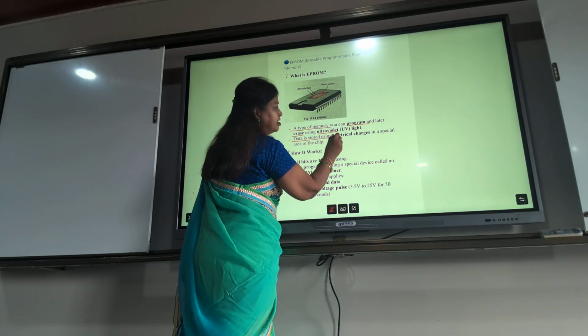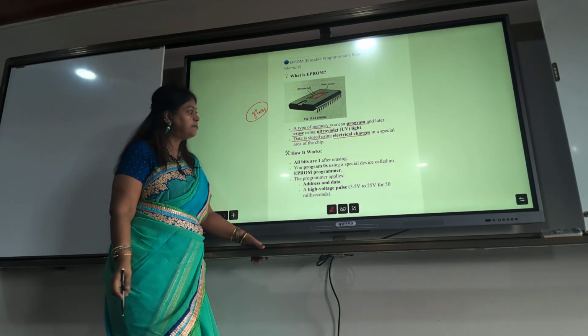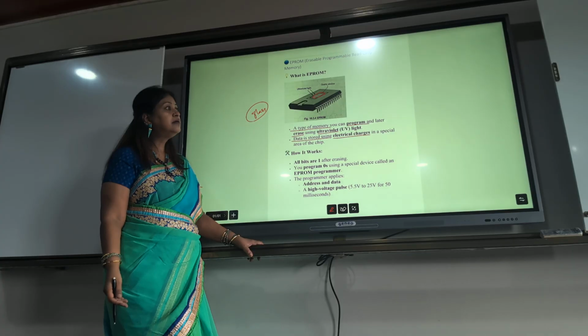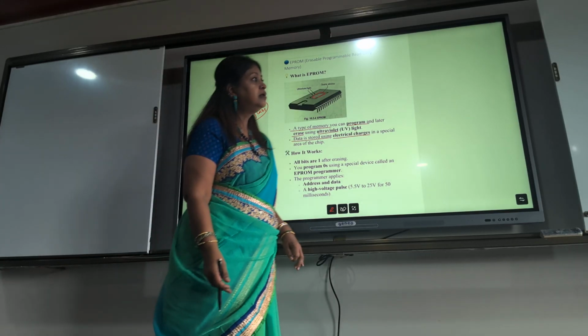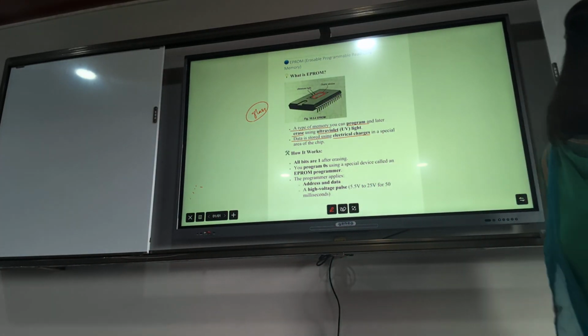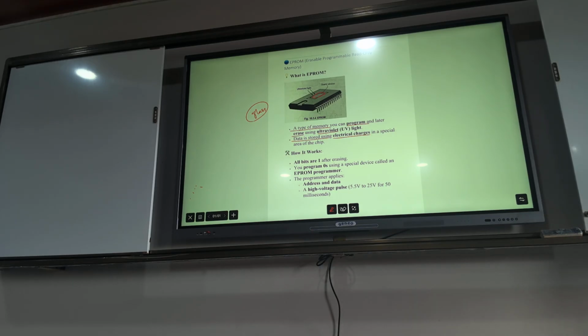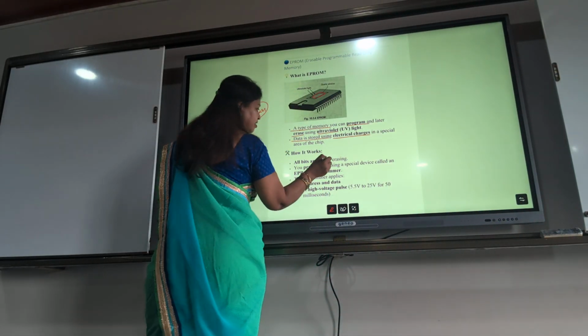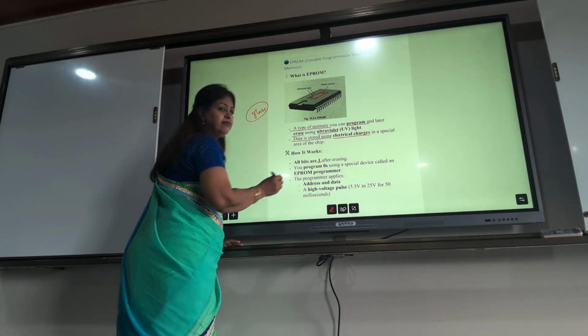Data is stored using electrical charges. And how does it work? All bits are 1 after erasing.